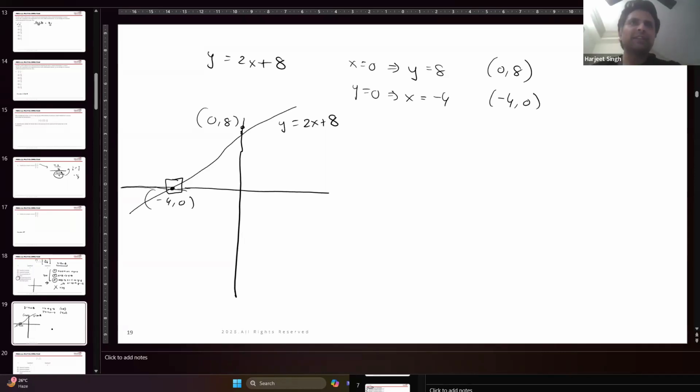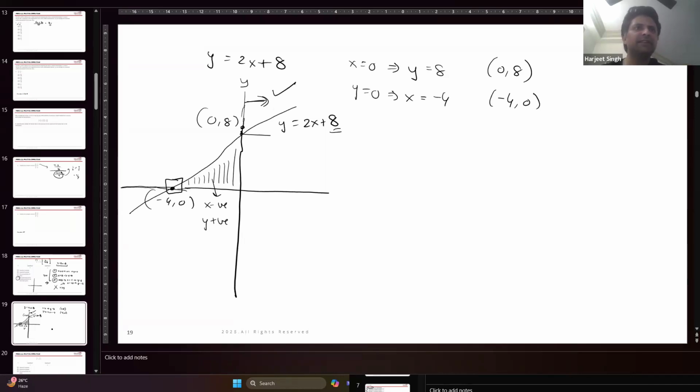So clearly, properly observe what is happening here. In the region towards the right of the y-axis, can I say this equation is giving you a head start of 8? Because when x is 0, y is 8. So y is always greater than x towards the right. No problem here. In this region, x is negative, but y is positive.